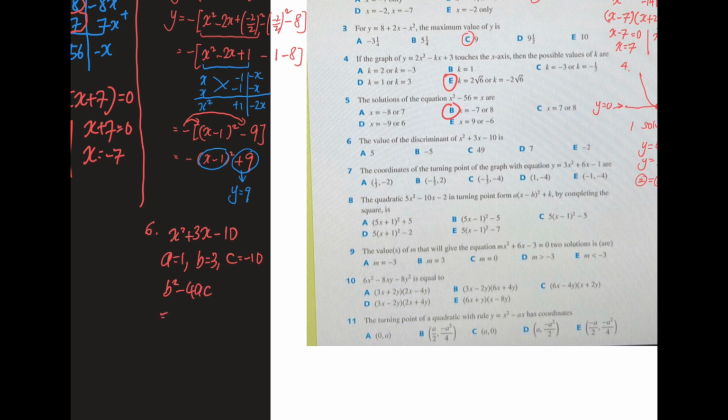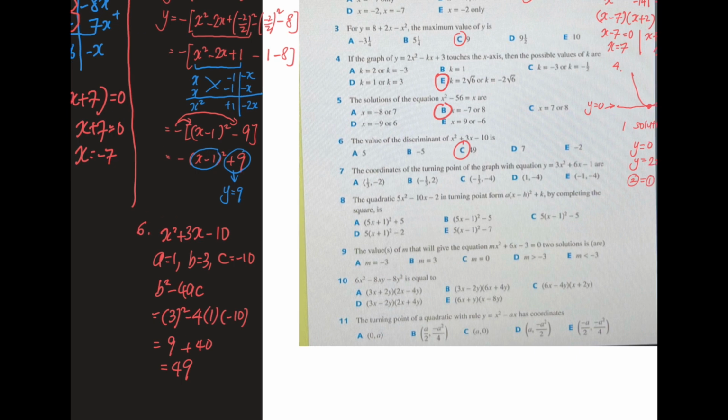Discriminant means b squared minus 4ac. So we just need to substitute and count this out. 3 squared minus 4ac. Okay, then we count this. 3 squared is 9 plus 40. So we get 49. So the discriminant is 49 then. So the answer is C.